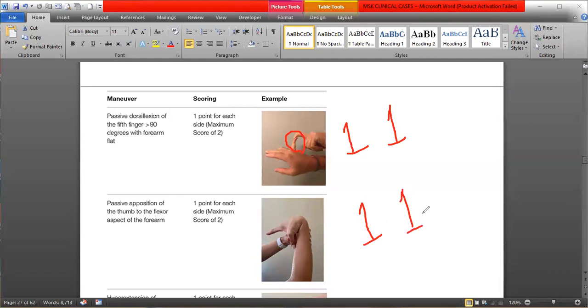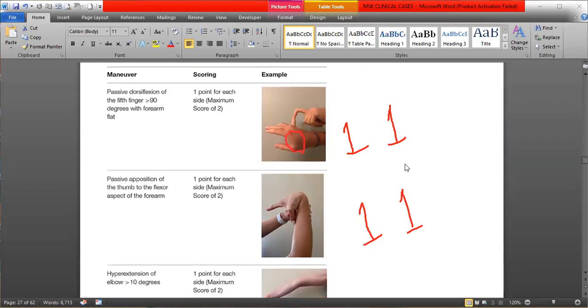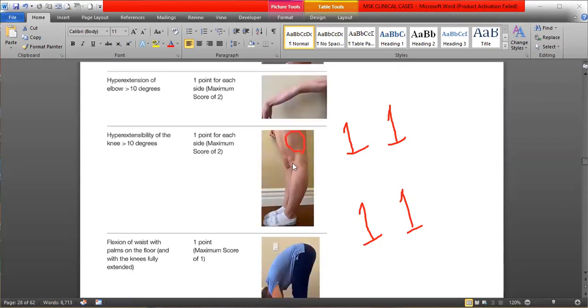Now if we move a little downward, at the level of the knee, if there is any kind of hyperextension at the knee joint, that will definitely be scored bilaterally, right side 1, left side 1.